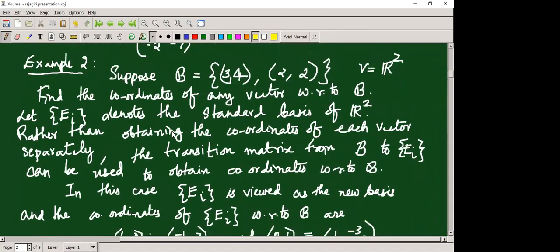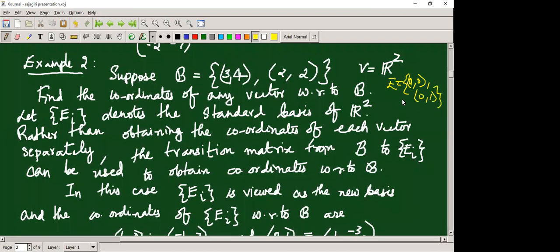So the same vector space R2. Suppose we want to find the coordinates of any vector with respect to a basis B. First suppose we are taking our basis as the standard basis (1, 0), (0, 1) of R2.